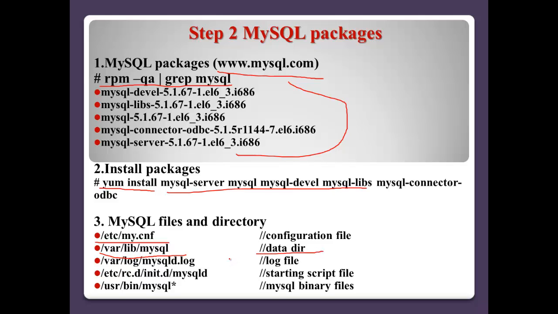If we create a new database, normally we can find it in this directory. /var/log/mysqld.log is the main log file. /etc/rc.d/init.d/mysqld is a script file. To start the MySQL daemon, we have to use this script. And /usr/bin/mysql, here we can find all the MySQL binary files.